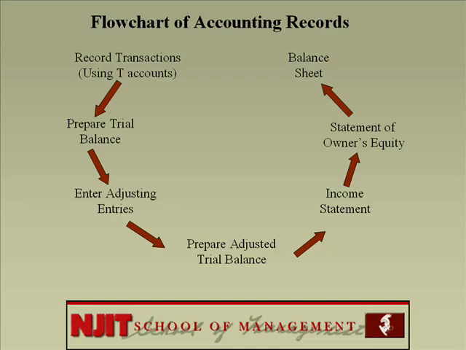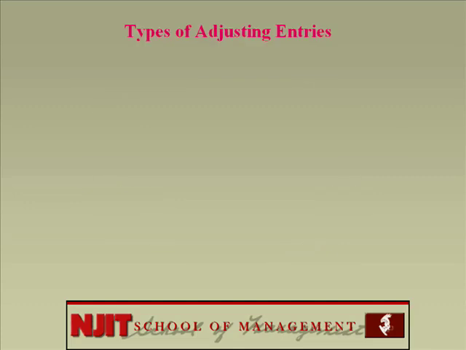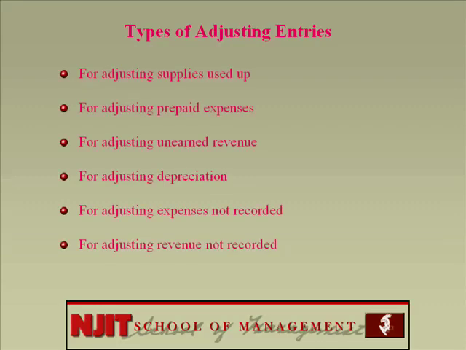So the purpose of this module is to discuss these adjusting entries. What are the most common types of adjusting entries? Adjusting entries for inventory, because inventory gets used up, but people may forget to record it.